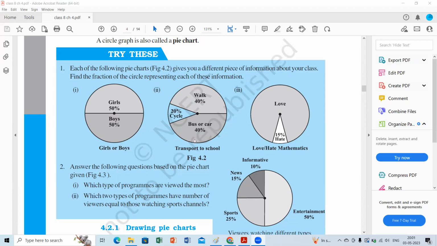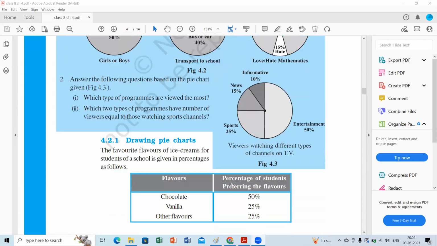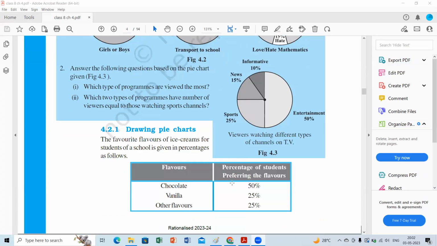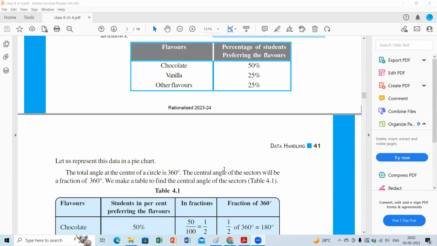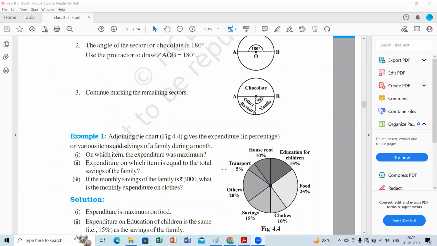Tomorrow, no bar graph, you need a compass and a protractor. Those are the two things to be ready with for tomorrow's class. That's all for the day, children. Any doubts? No, ma'am. Okay.